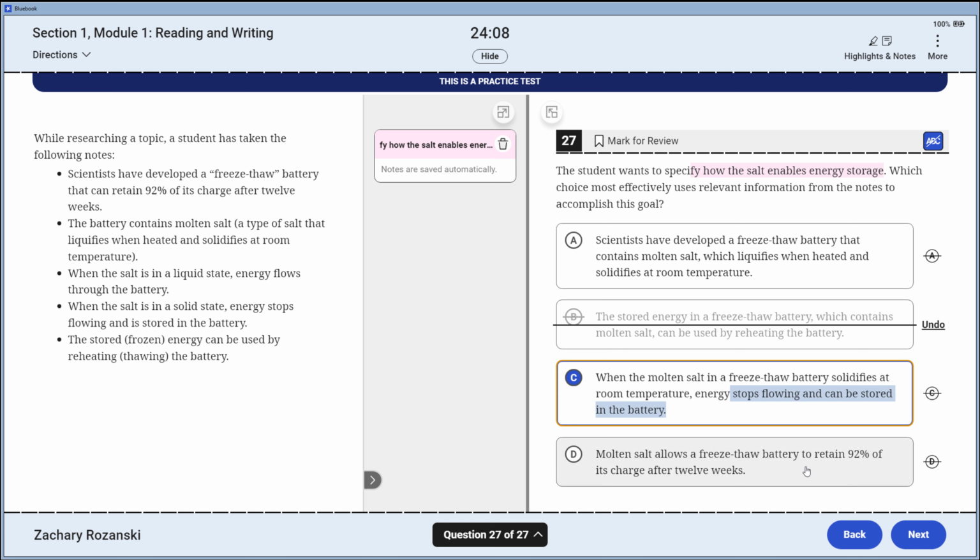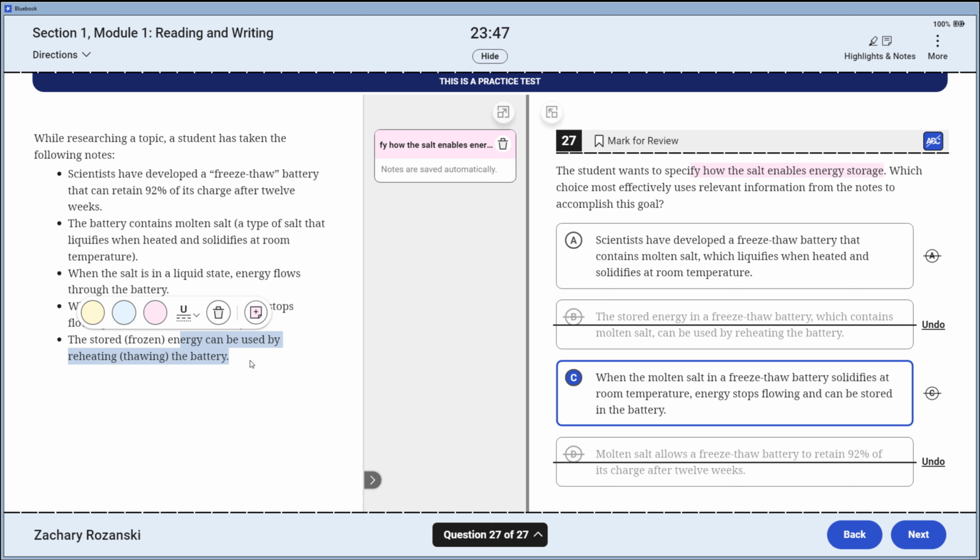Molten salt allows a freeze-thaw battery to retain 90%. No, this is like an advantage of this. What is the difference between A and C? Is C true is what I'm going to check. Energy stops flowing, can be stored in the battery. When the salt is in a solid state, energy can be stored, and can be used by reheating, thawing the battery.